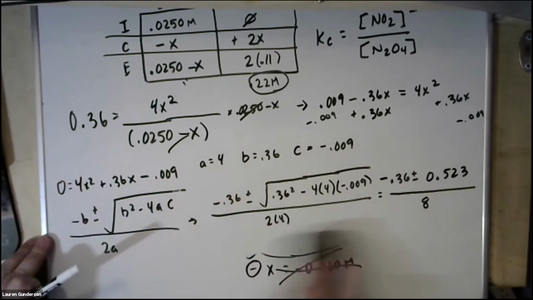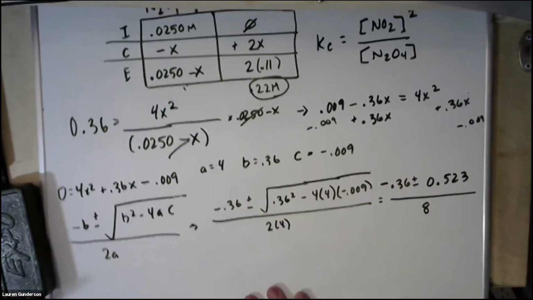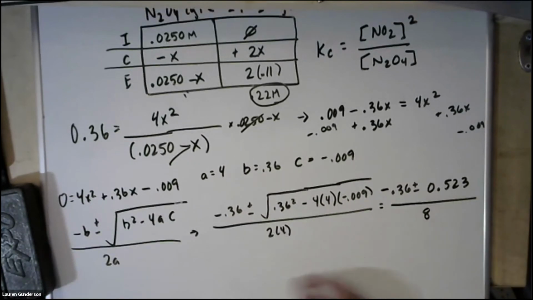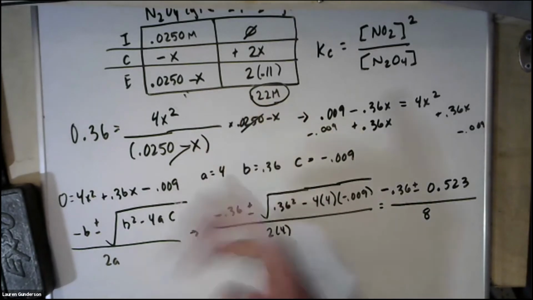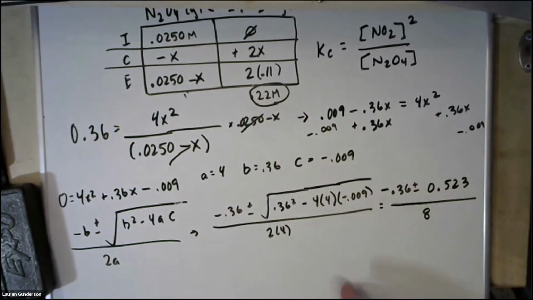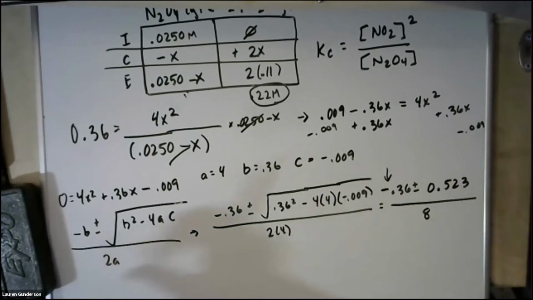It's actually a good life lesson because when you calculate these x values and you go to plug it into your equilibrium row, if nothing gives you a positive concentration, then you probably made a mistake in your quadratic. So you can go back and fix it like I just did. Yeah, so I forgot this negative sign here when I went from here to here. So that's definitely going to change my values.